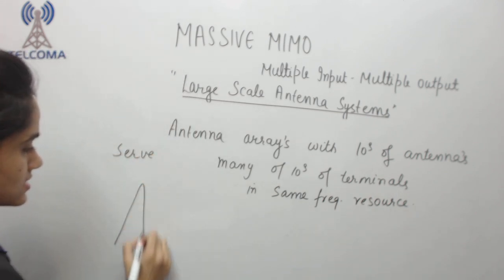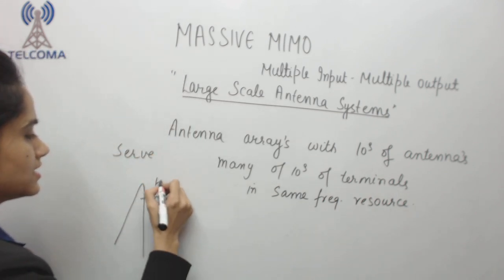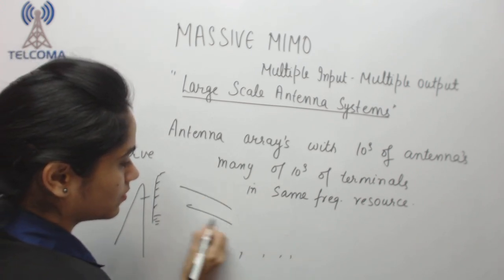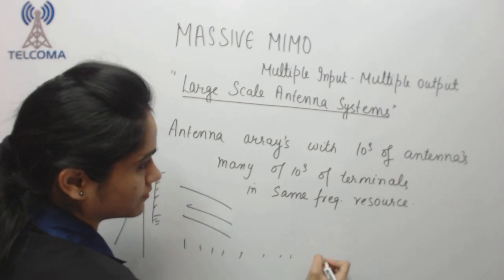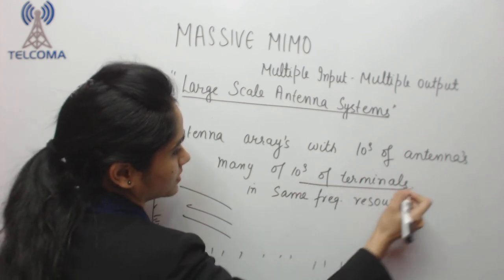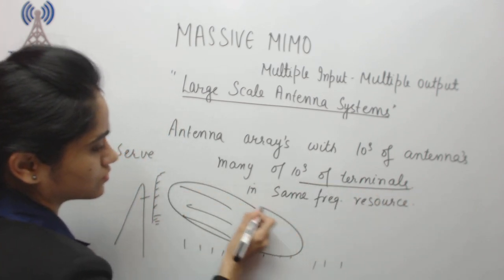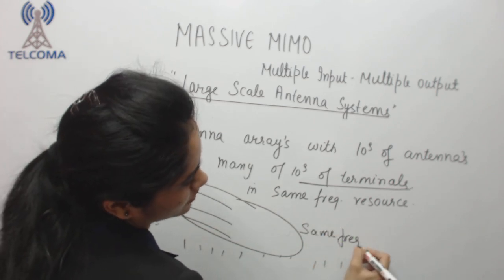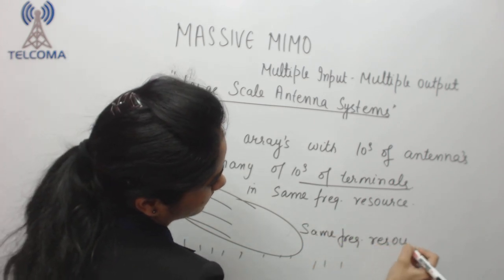So for example, in a system, if I am using multiple antenna low power components, this has to serve a number of user equipment. We call it many tens of terminals in the same frequency resource. So this is the same frequency resource.